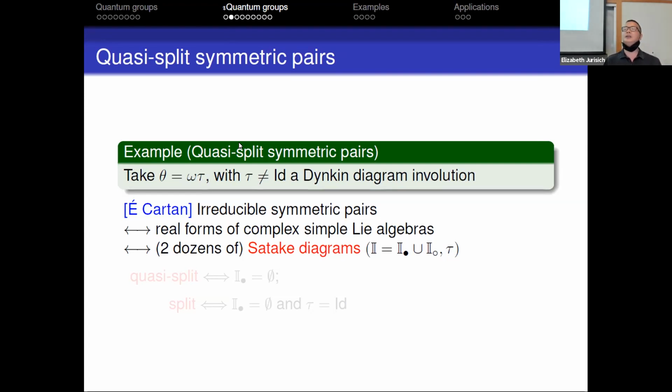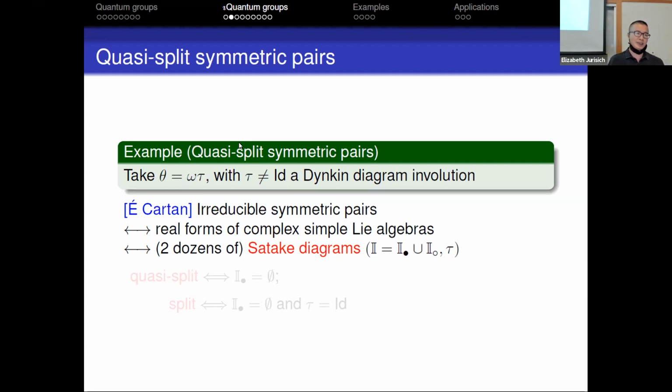This is known as the Satake diagram. The nodes you need to color black and white, depending on the situation. And occasionally you allow the non-trivial involution tau of the diagram in it. They need to satisfy some consistency condition.